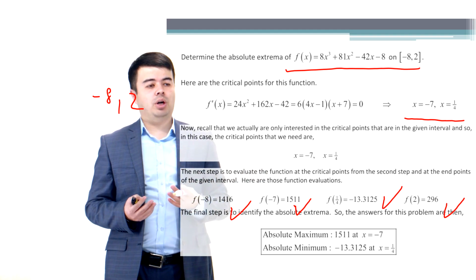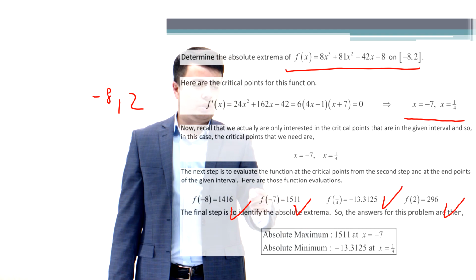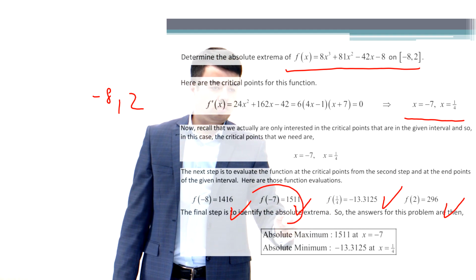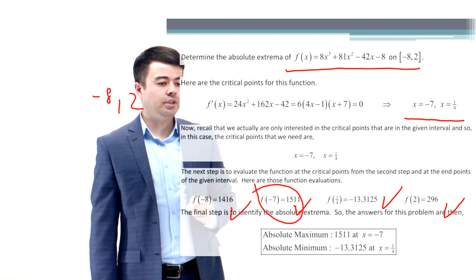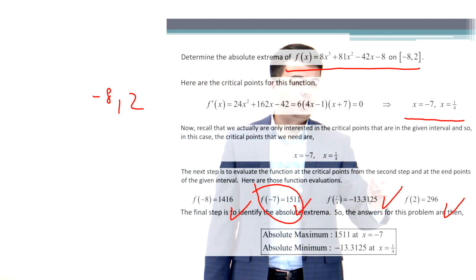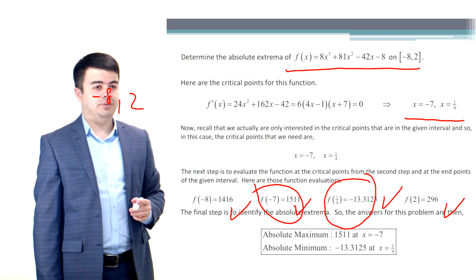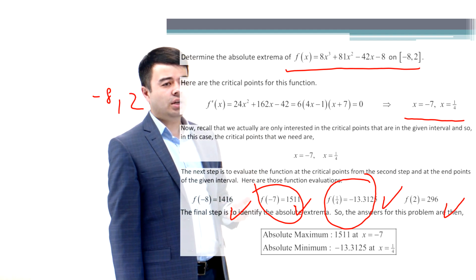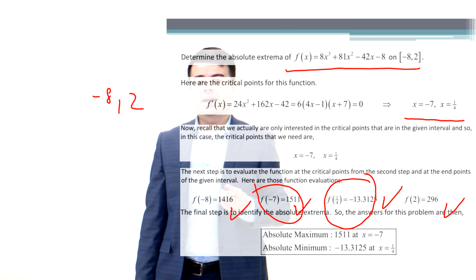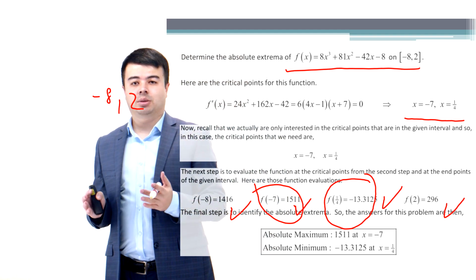The biggest one will be the absolute maximum, which equals this one. And the least one is, of course, at the point 1 over 4, it equals minus 13.3125. So here you can see the two corresponding values, the absolute extrema, maximum and minimum.